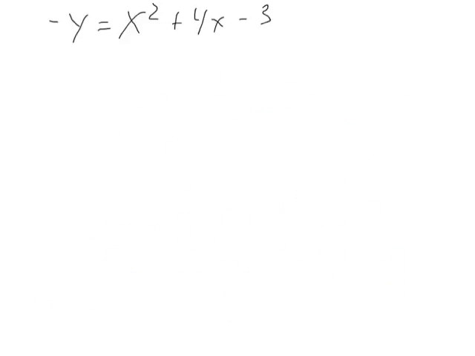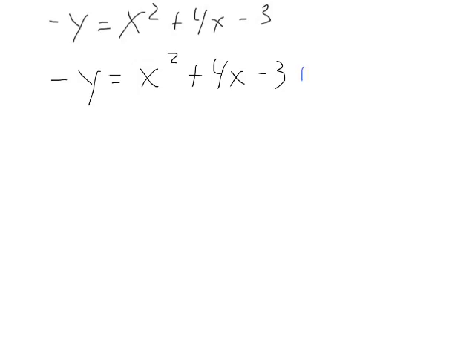Here's another problem. I'm going to go ahead and complete the square. I recognize that I need half of 4, which is 2, squared, which is positive 4, instead of this negative 3. So I need to add 7 to both sides. I am completely ignoring this negative for right now. So here's my negative y equals x squared plus 4x minus 3. That was the original.